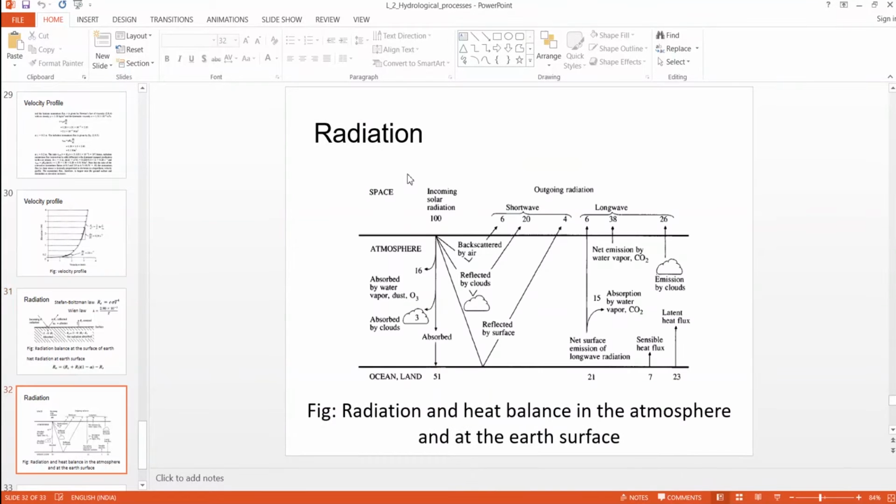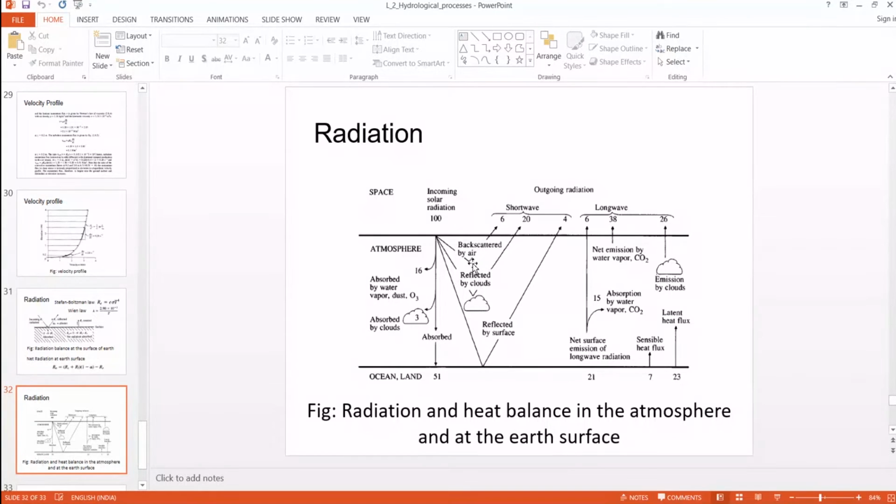If you look at this figure, the incoming solar radiation is 100 units, out of which 19 units are absorbed by the atmosphere and 51 units are absorbed by the earth. 51 plus 19 is 70, so the remaining 30 units go back to space.